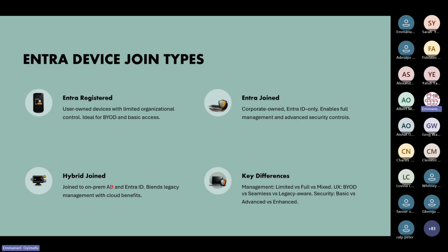So for on-prem AD now, you call it group policies that are used to manage devices and users. While for Entra ID or Intune, you call it configuration profiles. You create configuration profiles where if you want to deploy wallpaper, you want to push screen lock, or you want to disable features in somebody's system, just like you do using on-premise Active Directory.